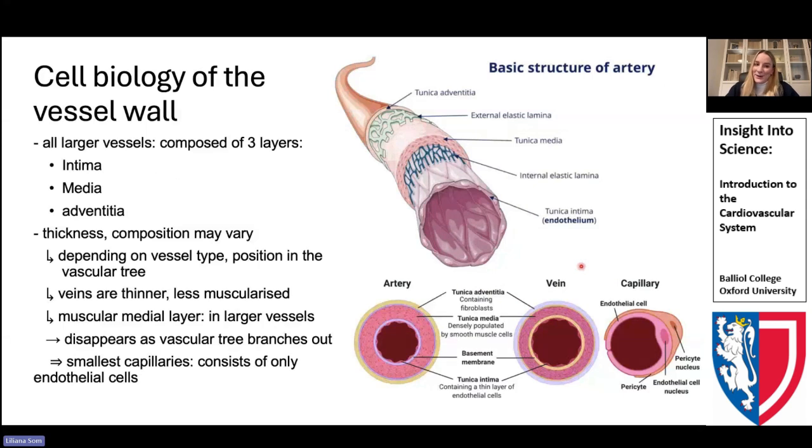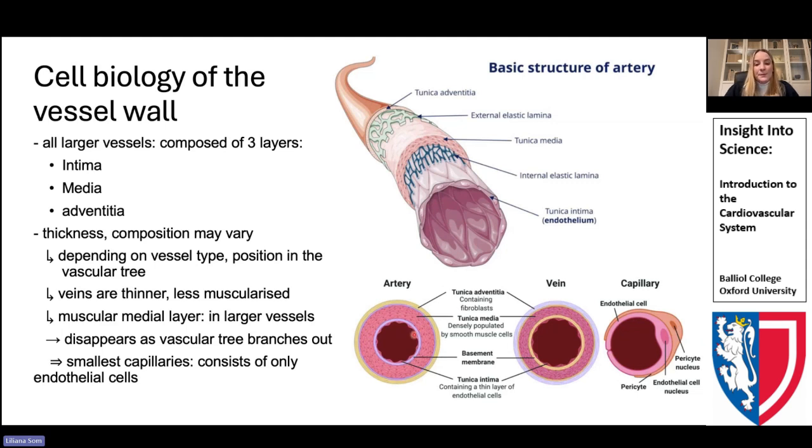And as a cell biologist, I think a very important part of the vessels is knowing the structure of how the vessel walls are made up and how different they are in different vessels. Focusing mostly on the larger vessel types, they often have three layers.